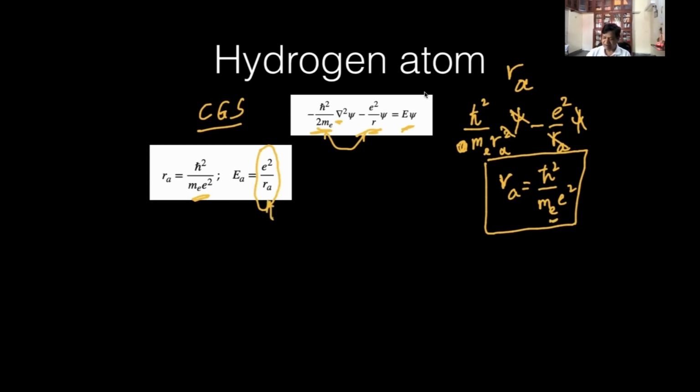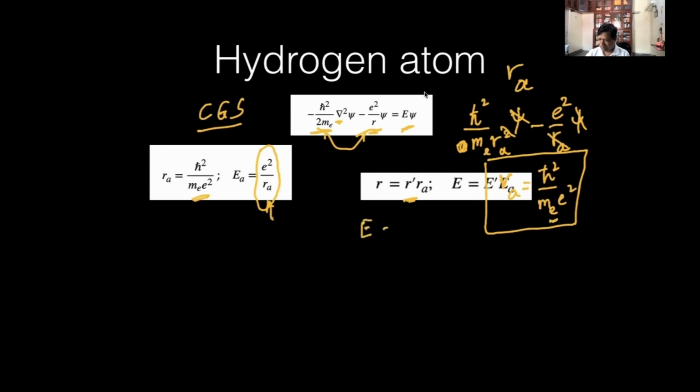Now I will write r equal to r prime times r_a, and E equal to E prime times E_a. So what is the dimension of r prime? r prime is dimensionless.